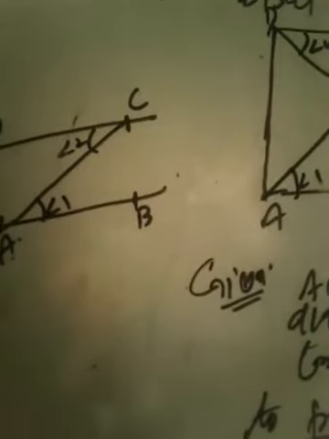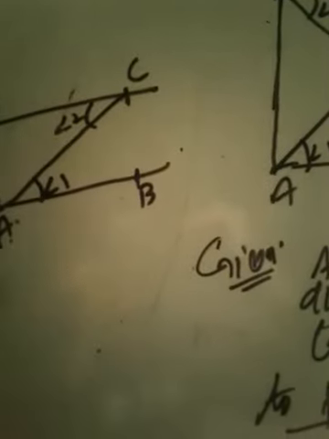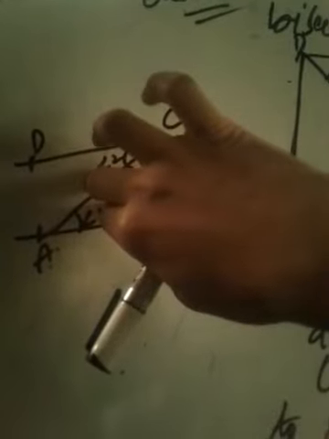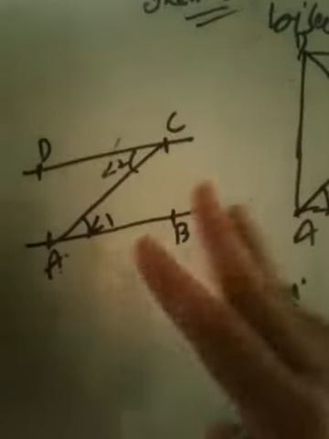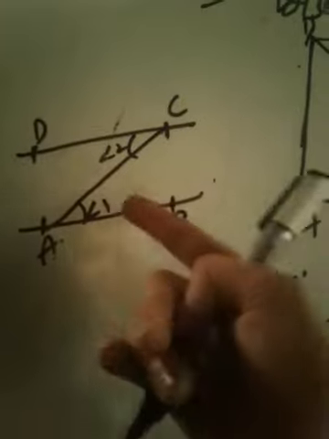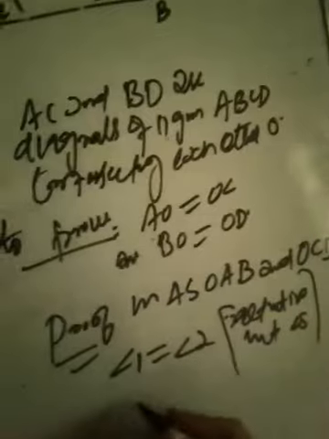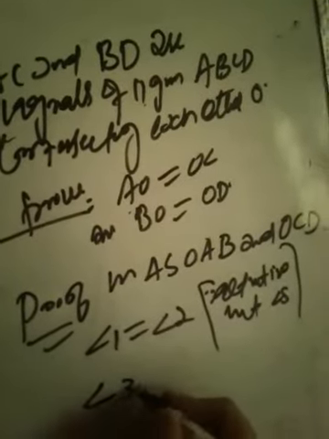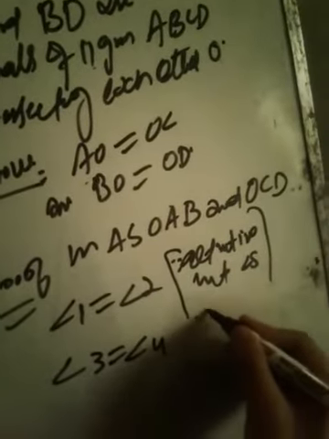Recall the lecture which we read in lines and angles. These angles are alternate interior angles, and if a transversal intersects two parallel lines, then alternate interior angles are equal. Angle 1 is equal to angle 2 because AB is parallel to DC, as ABCD is a parallelogram. Angle 3 equals angle 4, same reason, alternate interior angles. And what is the third condition?